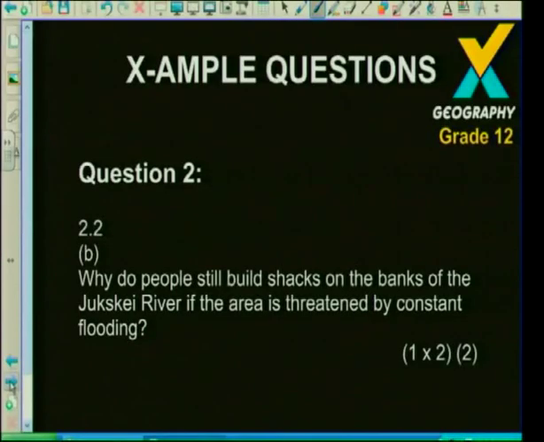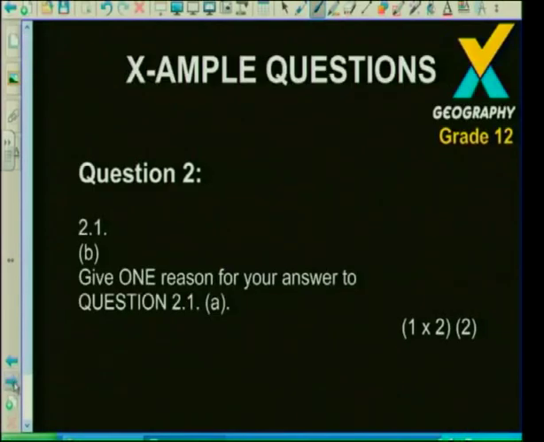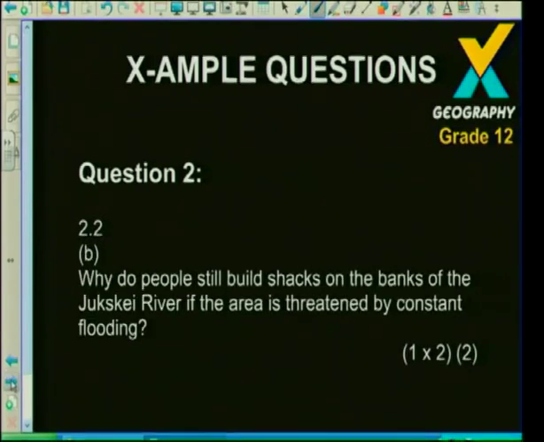Number B. Why do people build shacks on the banks of the Yukskay River if the area is threatened by constant flooding? And when we were reading the article previously, it said here that they build along the banks of the river because there is nowhere else for them to go. So that answer for that second question is coming straight out of the text.